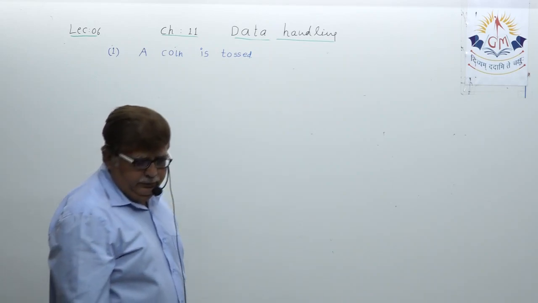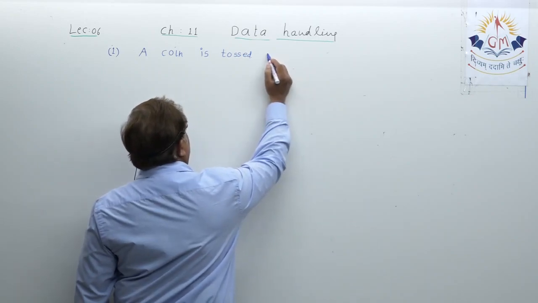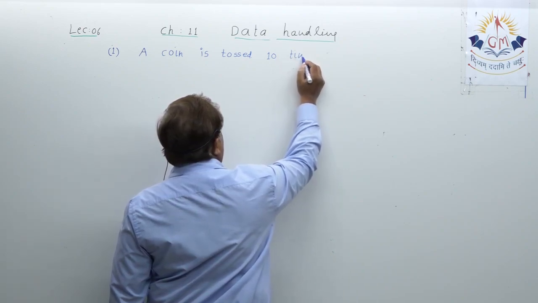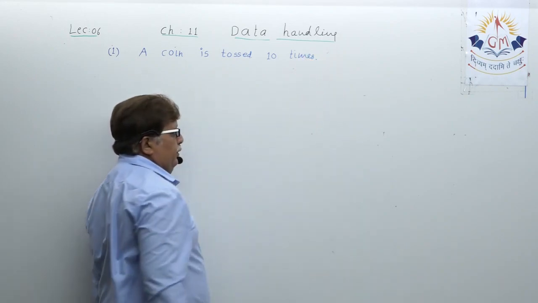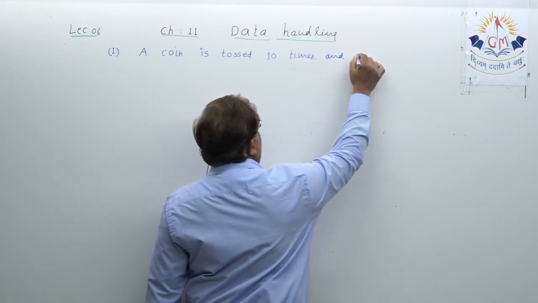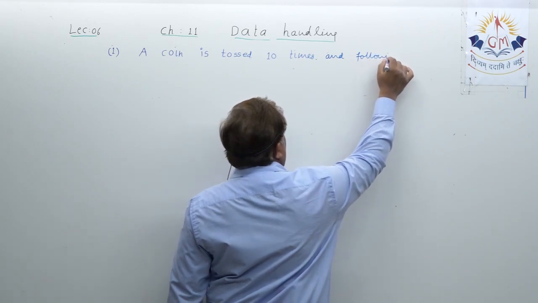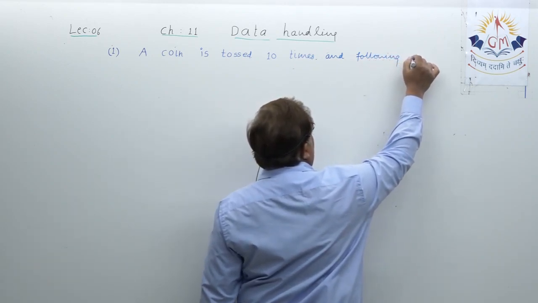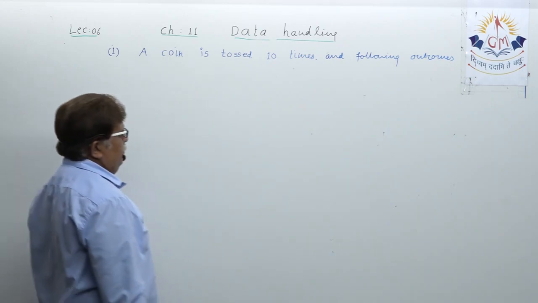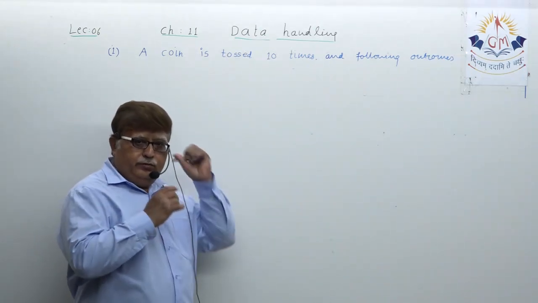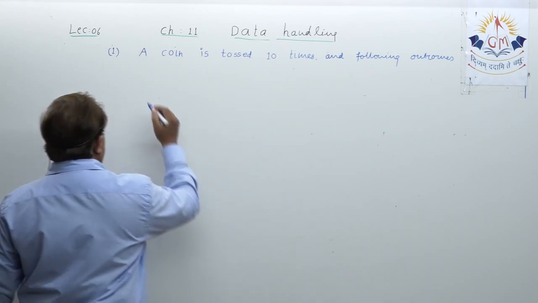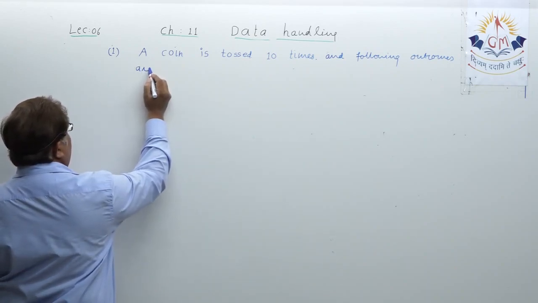A coin is tossed 10 times, and the following outcomes are observed.